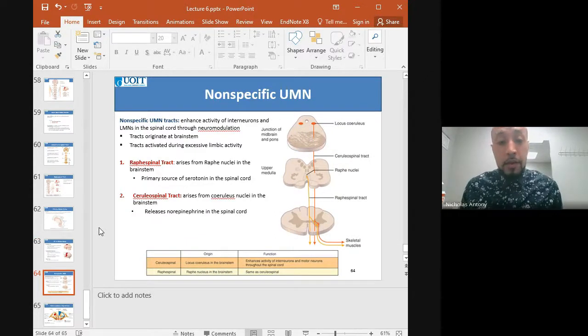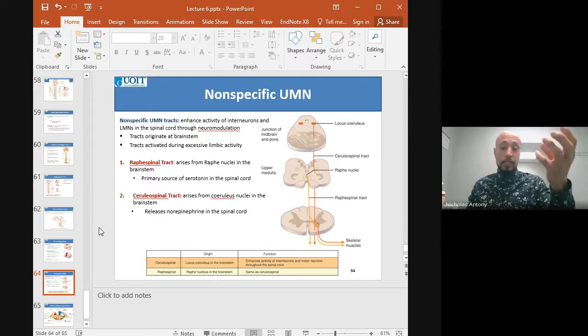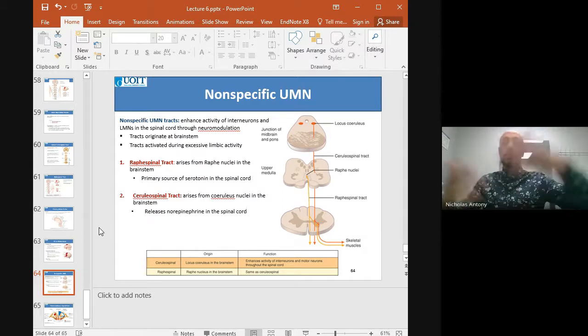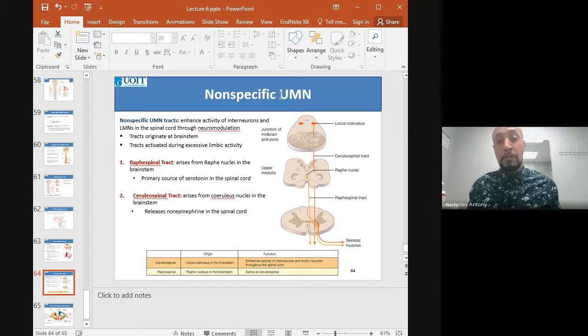And then to bring it all home, remember we talked about neuromodulators and how neurotransmitters, if released into the extracellular fluid, can float around and interact with a large number of neurons. So we have our non-specific upper motor neuron tracts: the raphespinal and the coerulespinal tract. They're named based on what nucleus they're coming from.